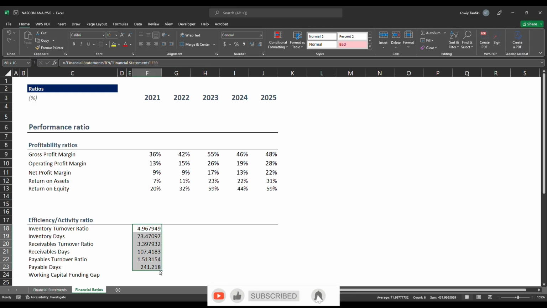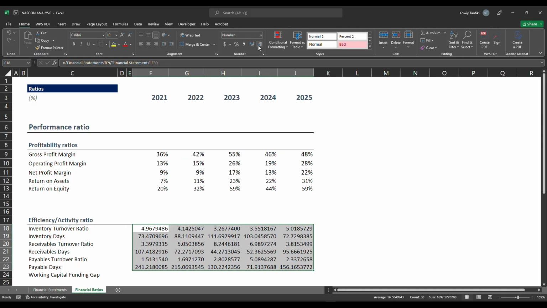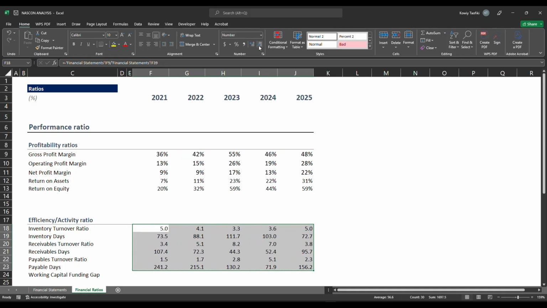So I'm just going to come here, Control Shift down key, then select this, Control R to copy down to the right. And yeah, reduce the number of decimals that we're going to be having. Yeah, so we have days and we have the one for ratios.